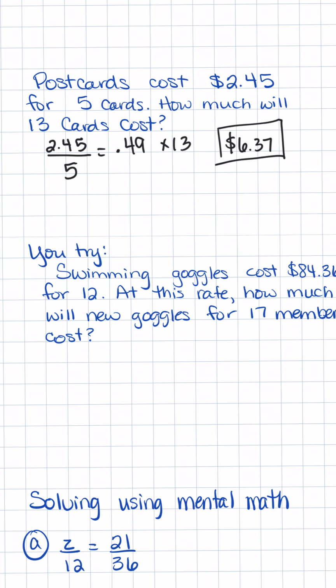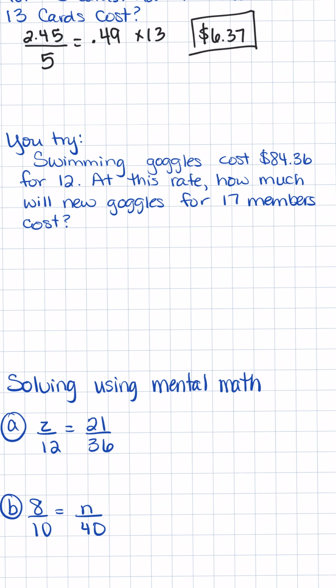Okay, go ahead and try this one on your own. Swimming goggles cost $84.36 for 12. At this rate, how much will new goggles for 17 members cost? Press pause, come back to me when you're done.